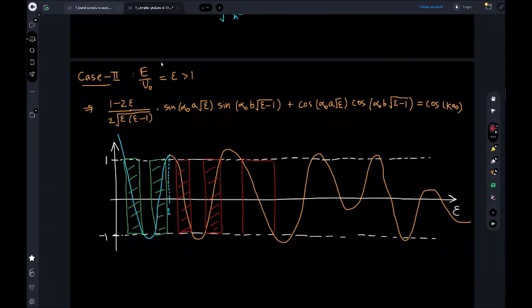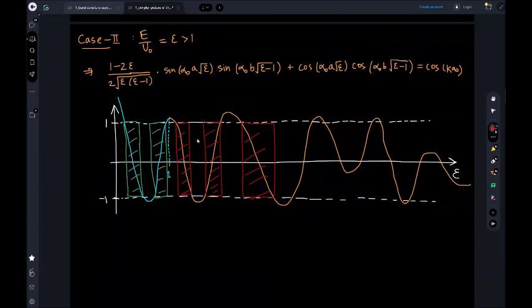So there are going to be an infinite number of solutions, but the main point here is the solution space. It's not going to be continuous. So what this implies is that there are some ranges of energies where there exists no solution.